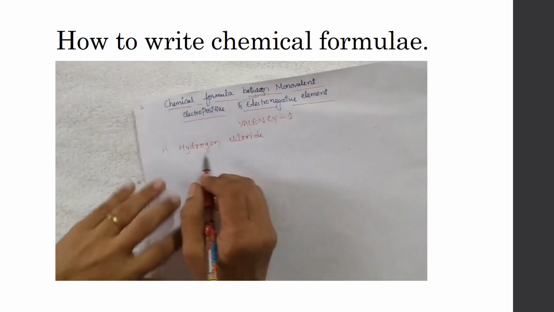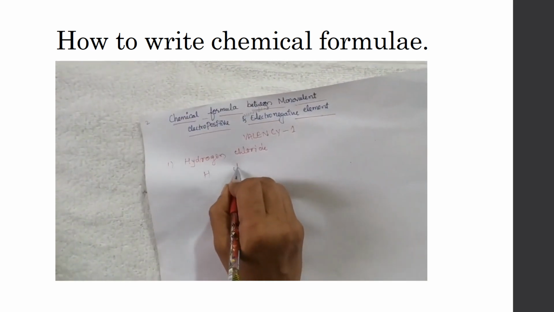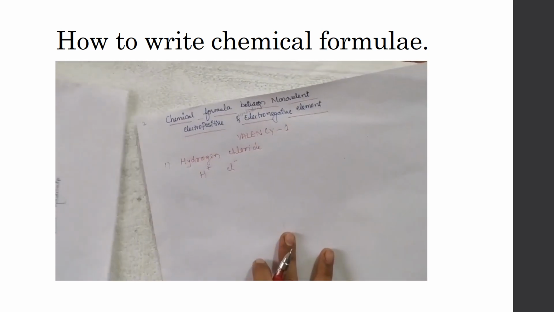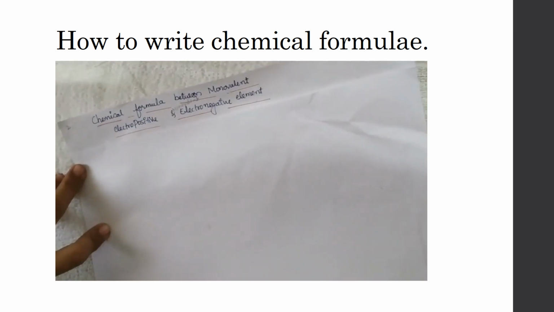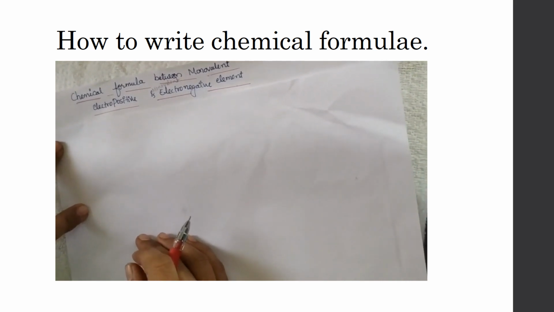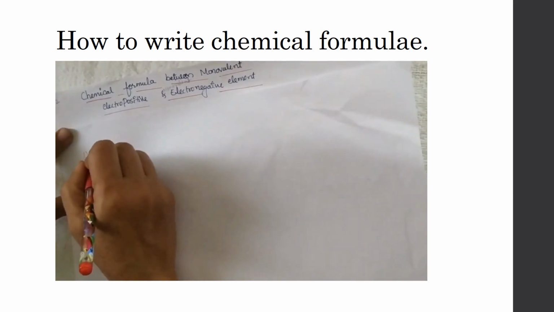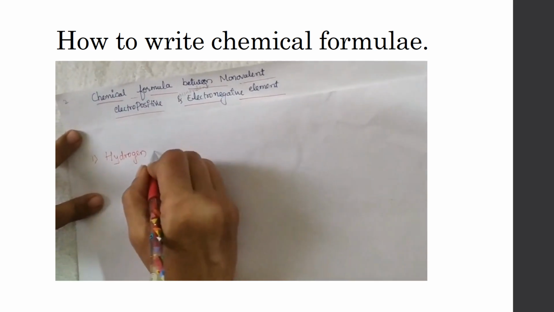We know the formula of hydrogen is H, and chloride is Cl-, so H+ and Cl-. We will write the chemical formula between a monovalent electropositive and a monovalent electronegative element by taking this example, hydrogen chloride.